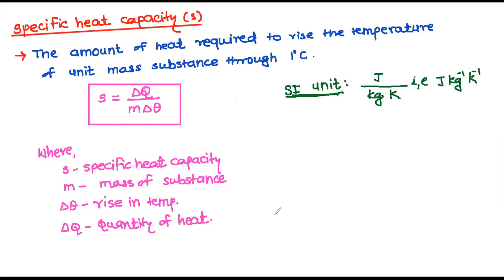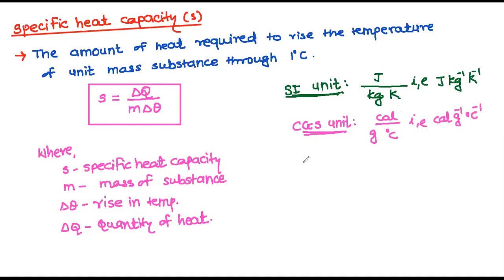If you want the CGS unit, delta Q is measured in calorie, mass is measured in gram, and temperature in degree Celsius. So I can write calorie gram inverse degree Celsius inverse.